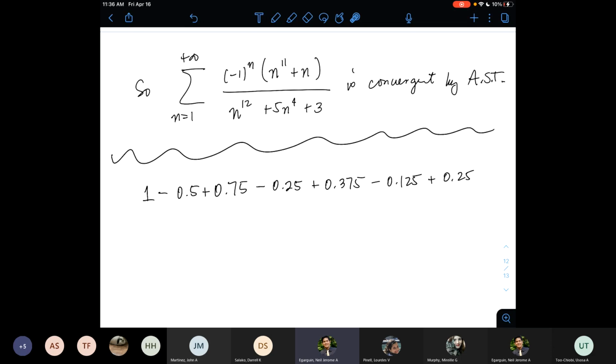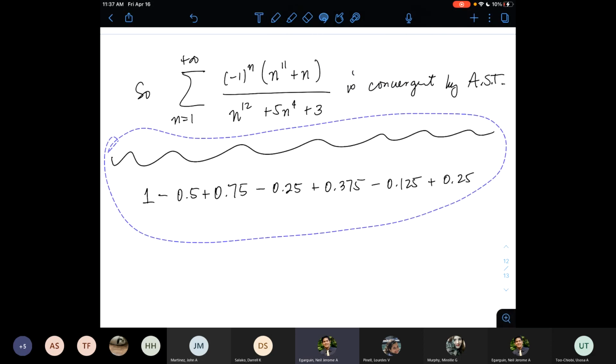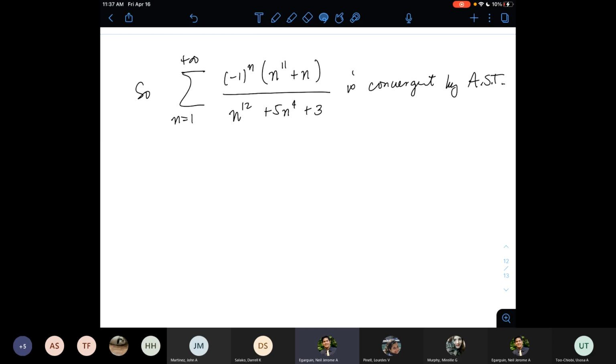So you should be more careful, because there's a threshold on how much faster the denominator must be increasing than the numerator to get a decreasing behavior. All right. So at least here, we have shown that the given series is convergent. So the next is to test if it's absolutely convergent.